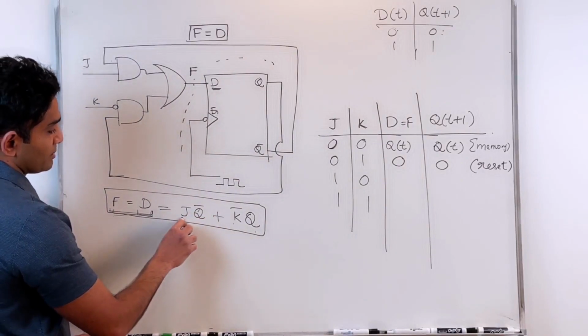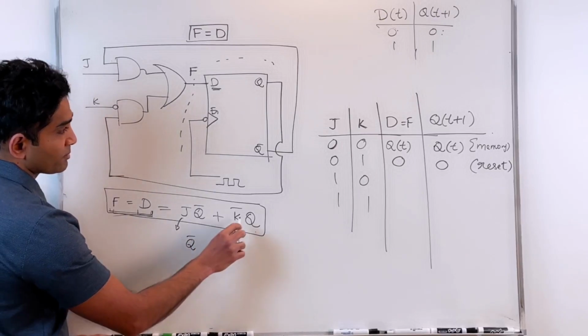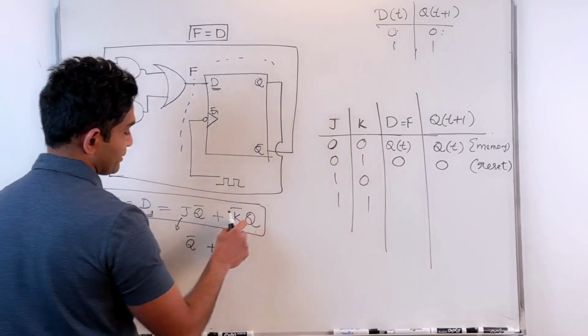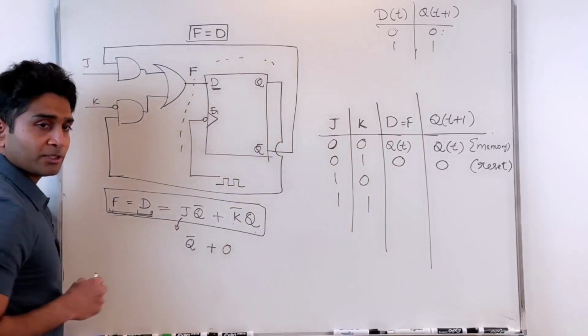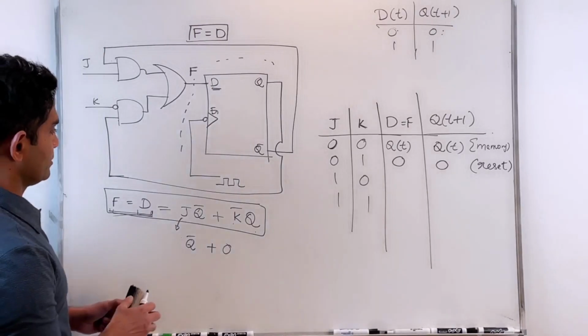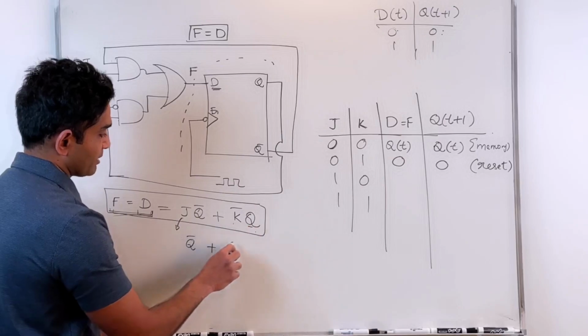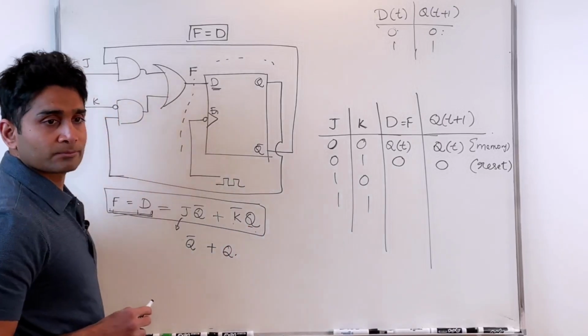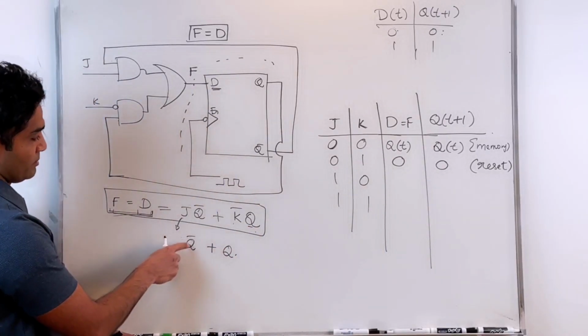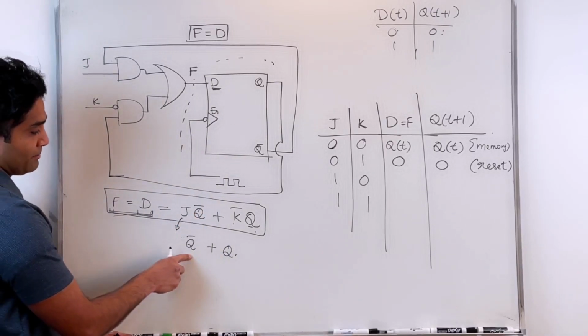Likewise, what about 1, 0? Sorry, 1, 0, right? J is 1, that makes it Q prime. 1 times Q prime is Q prime.